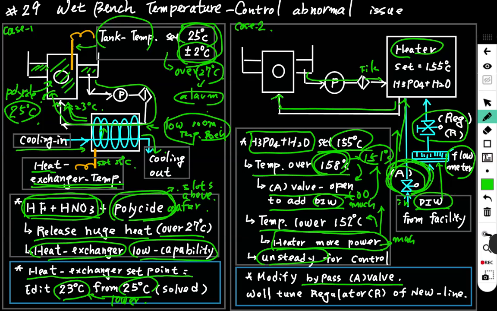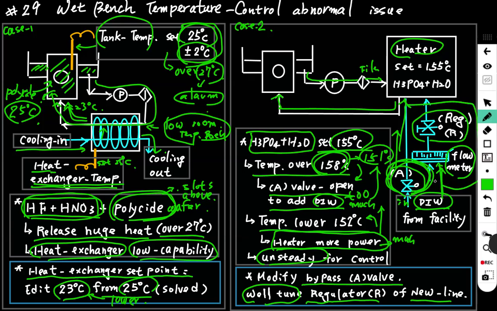If the temperature is too high, the regulator opens and DI water comes in, and we have no too much DI water, because we already have it well tuned with the regulator of the new line.